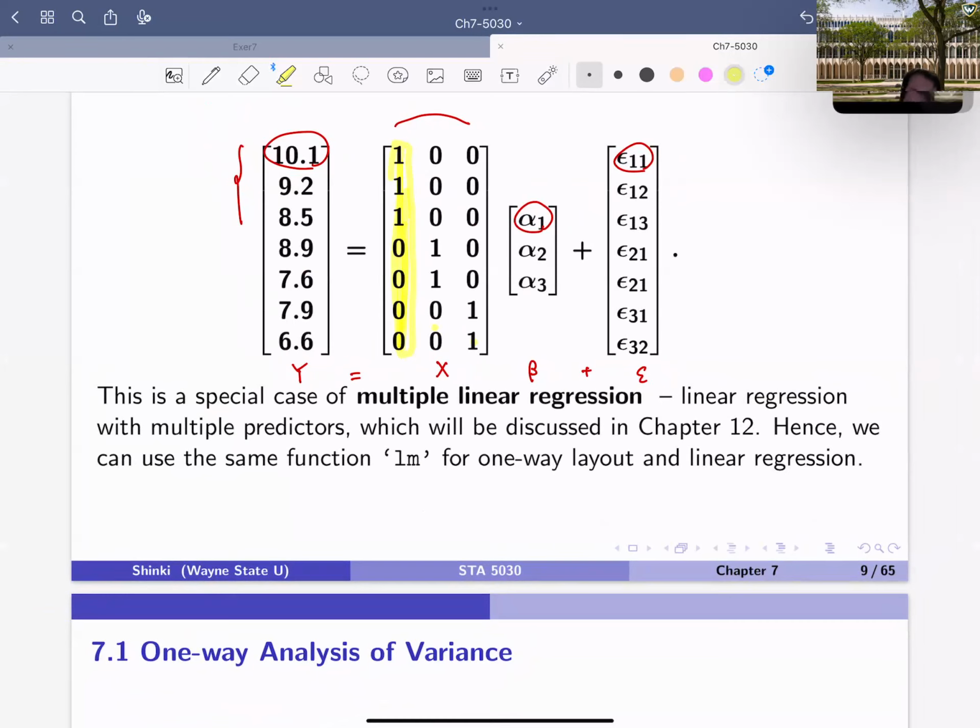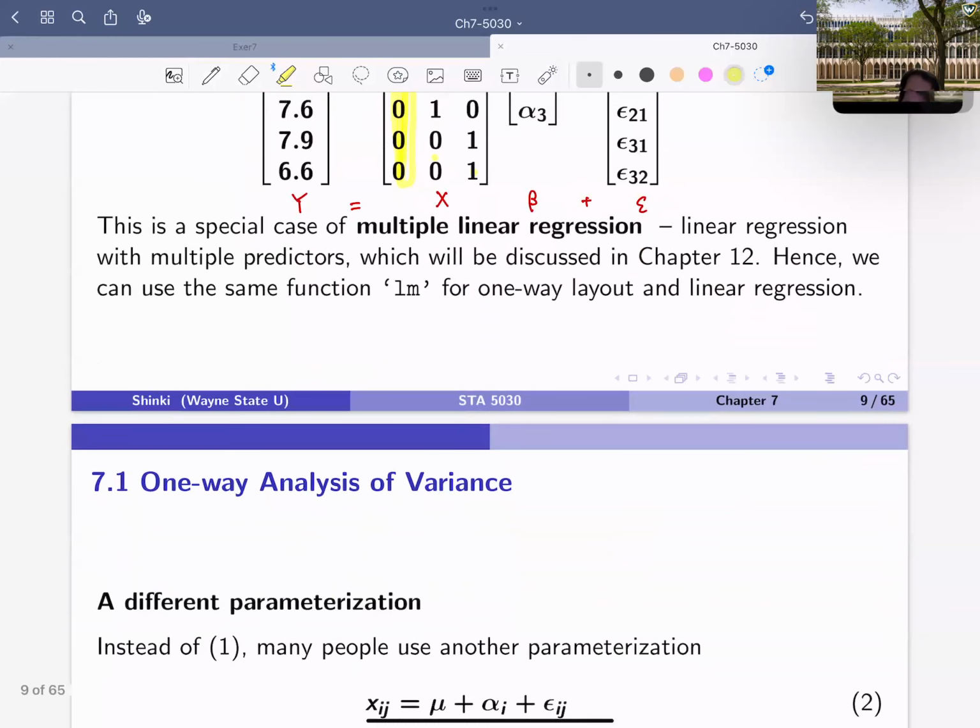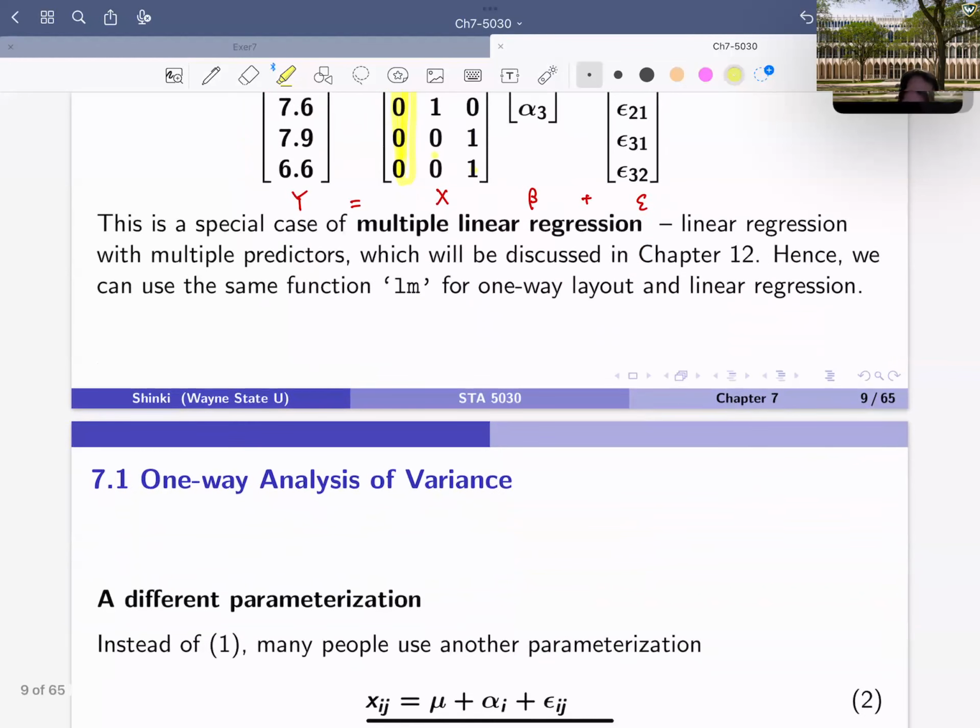So generally, the matrix X is a large matrix. In multiple linear regression, X has multiple columns, more than 2 columns. So exactly, ANOVA is a special case of multiple linear regression. I think that it will be discussed in chapter 11. Actually, chapter 12 also discusses something about multiple linear regression.